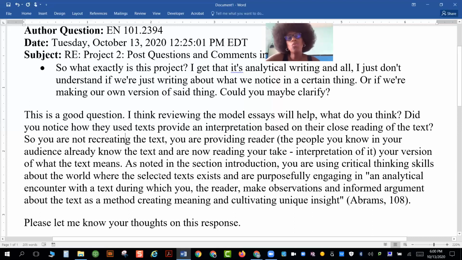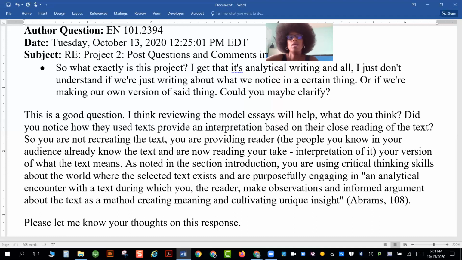We know about the world where the selected text exists, and you are purposefully engaging in, quote from the book, an analytical encounter with the text, during which you, the reader of that text, no matter if it's written or video, what have you, make observations and you make informed arguments about the text.